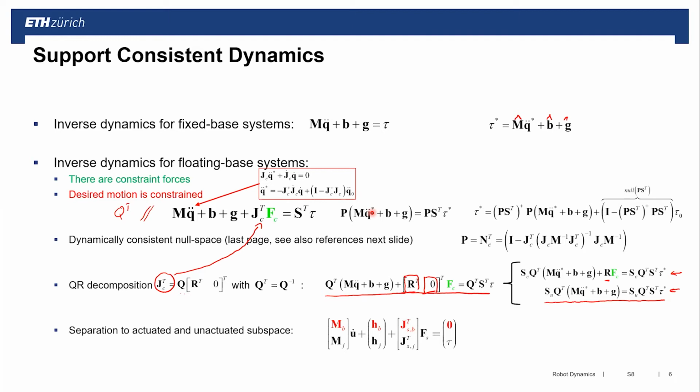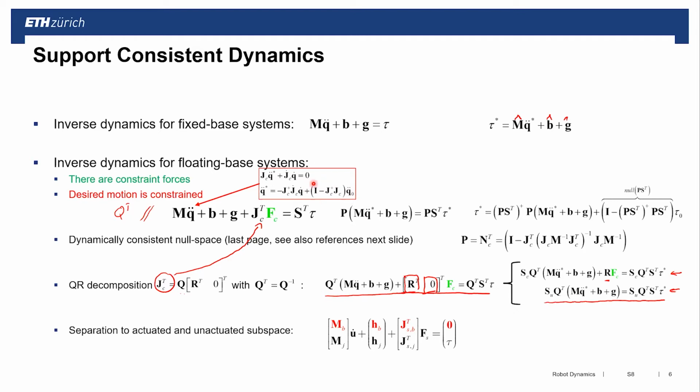In other words, I cannot arbitrarily choose it, because otherwise I produce a desired motion which cannot be achieved. So if I have an arbitrary motion, I have to first project it into the support, the kinematic null space, which is this thing up here.